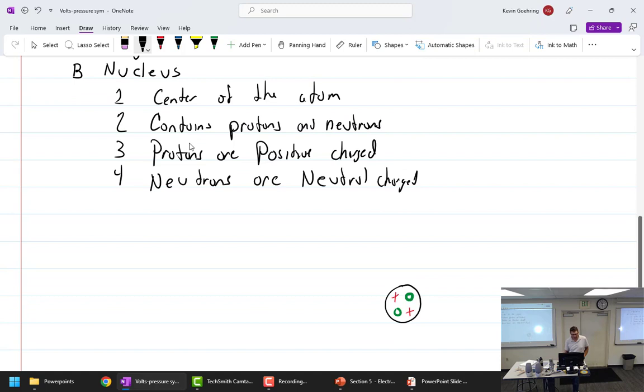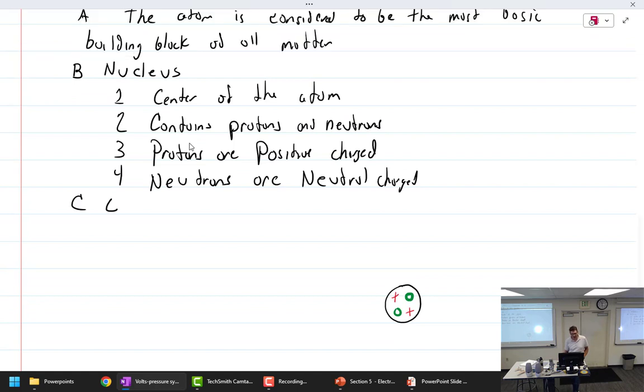Outside of the nucleus, we have electrons. So electrons orbit the nucleus in these things called shells. It's just a fancy word for their orbit.